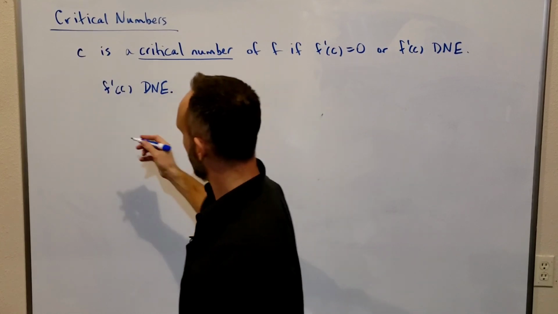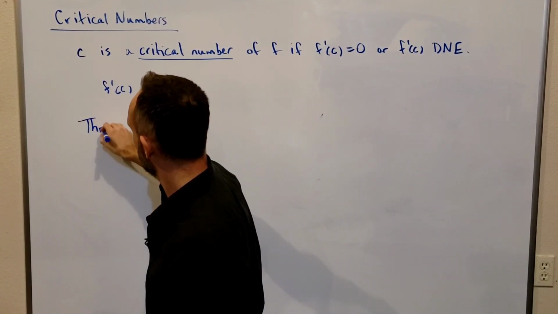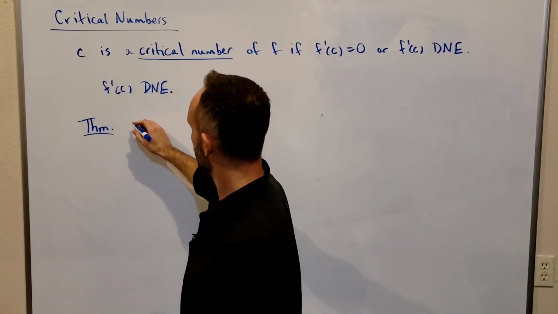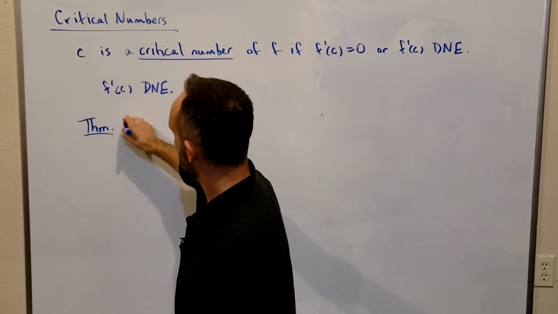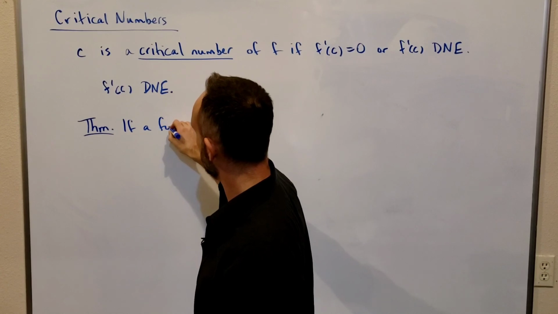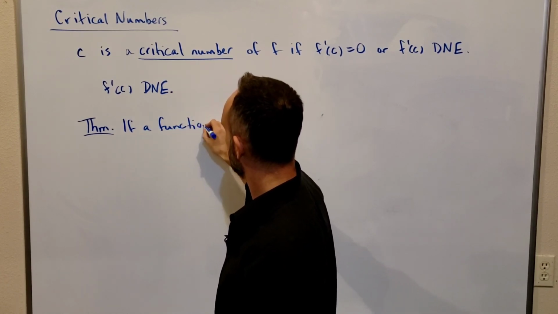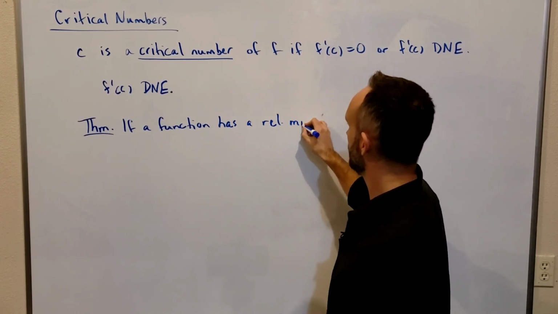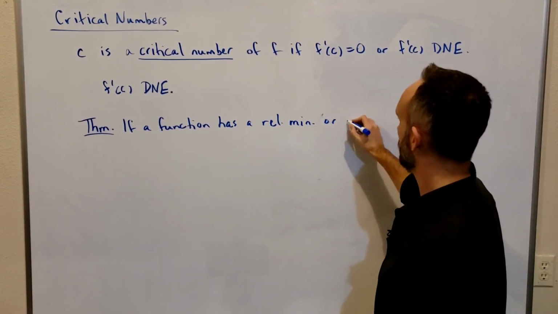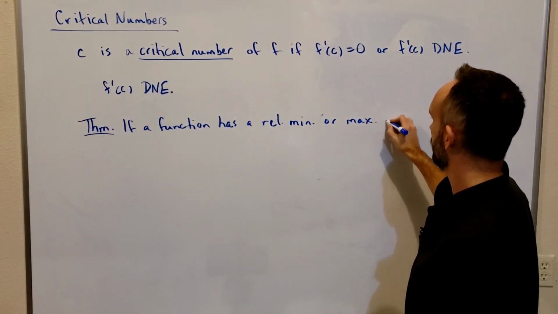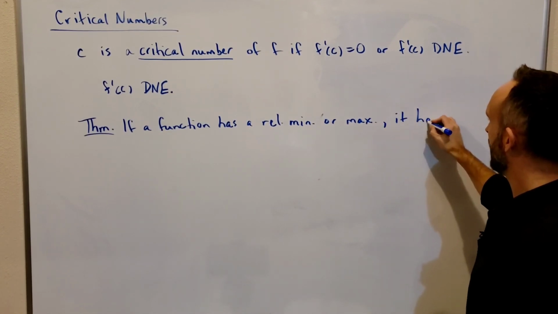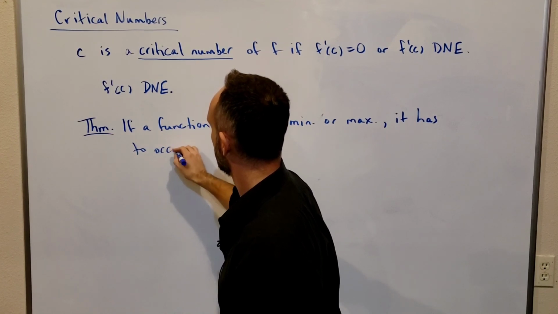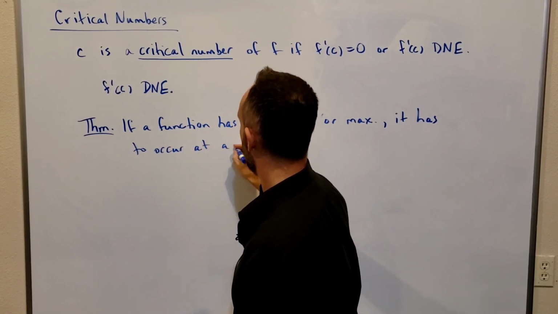So we might call that a theorem, a theorem that says if a function has a relative min or max, it has to occur at a critical number.